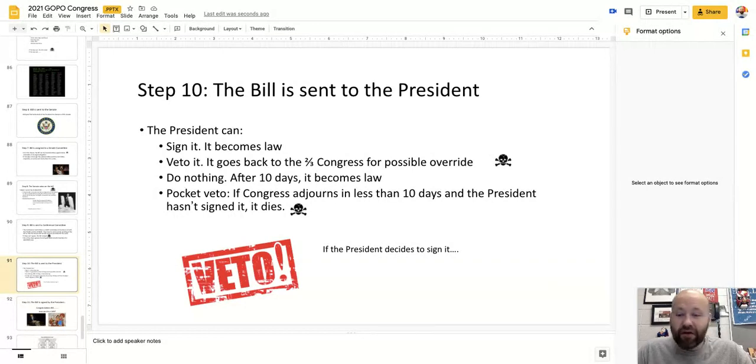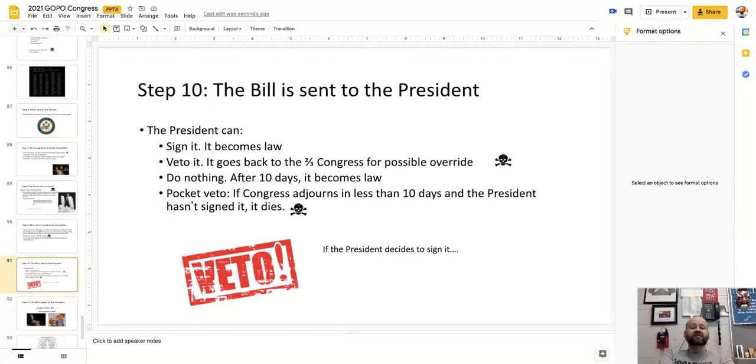And then we have the pocket veto. This has nothing to do with the president putting anything in their pocket. It is when they have less than 10 days left in the congressional session.